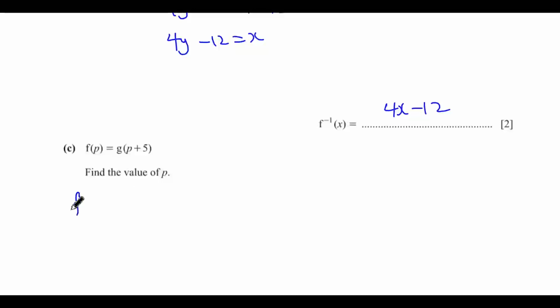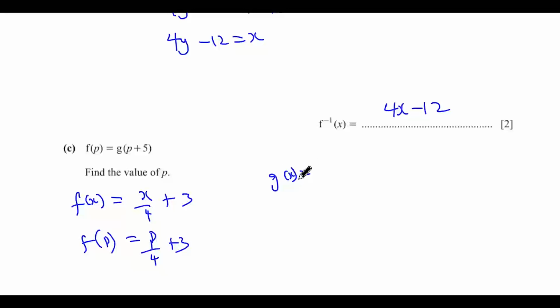Let's start with f of x. f of x is given as x over 4 plus 3. Then f of p will be p over 4 plus 3. Then g of x is given as 2 into x minus 1.